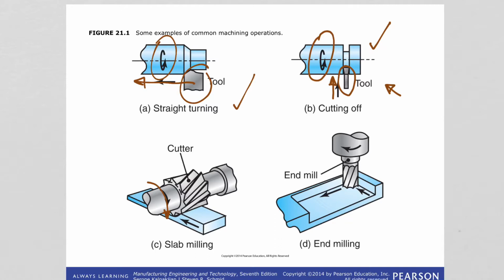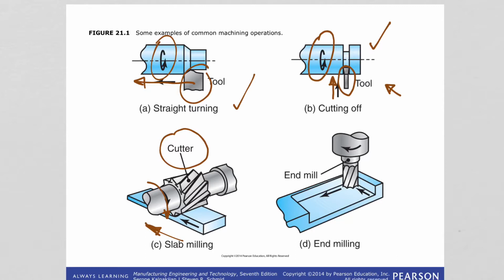So this is working on the surface, right? The cutter is rotating and the workpiece is moving in this direction, and we remove material from the surface.